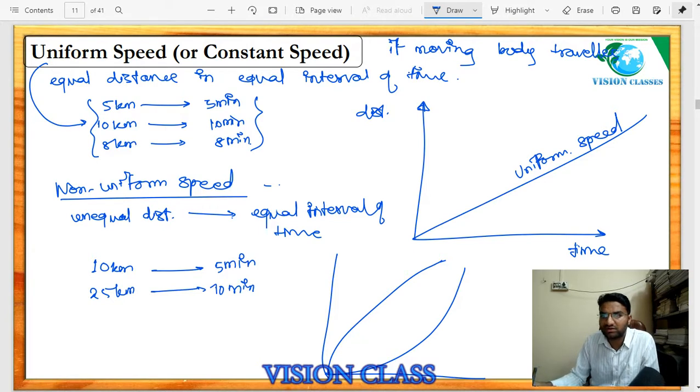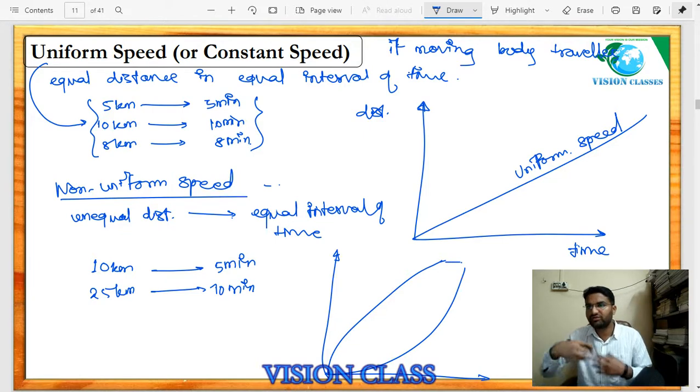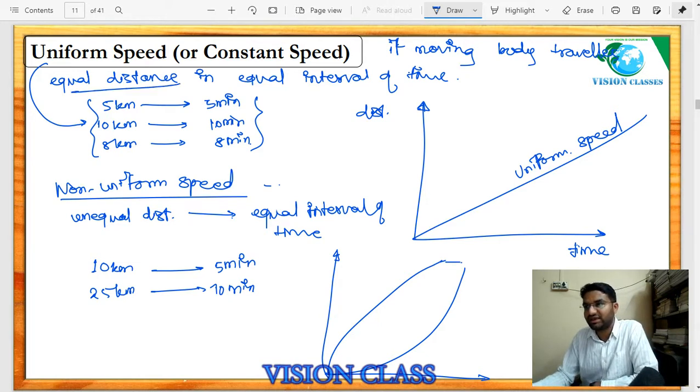It's an unequal distance in equal intervals of time, right? So either the speed is increasing or decreasing, so it's a non-uniform speed. Simply speaking, if a body travels equal distances in equal intervals of time, it's a uniform speed.